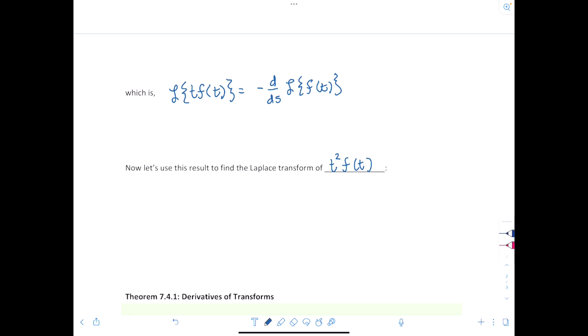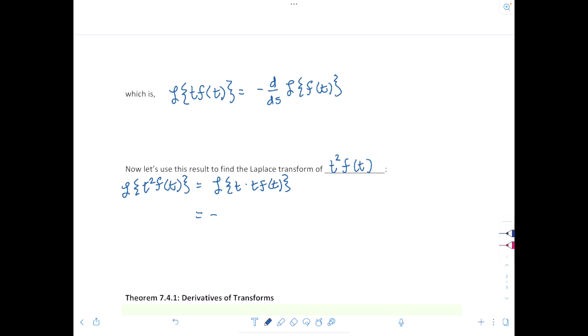All right, so here we go. Let's check it out. We'd have the Laplace transform of t squared times f at t is equal to the Laplace transform of t times f at t, which remember we just found that second part. This will be negative d/ds of the Laplace transform of t times f at t.